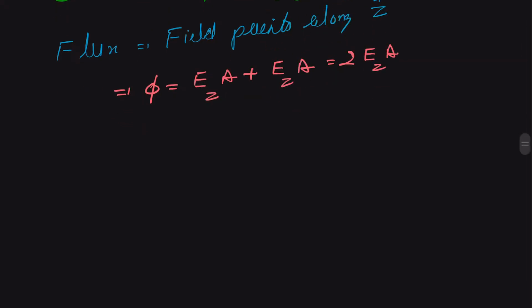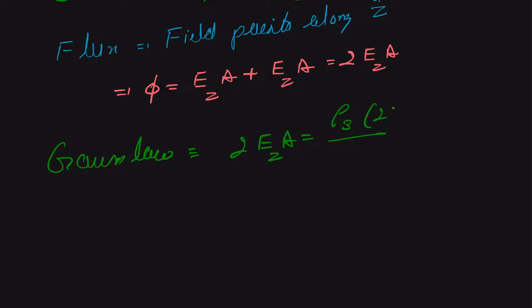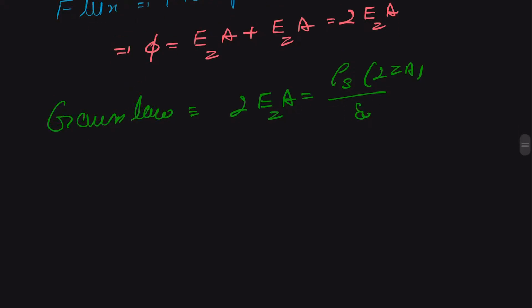Now we can easily use our Gauss law. We have our Gauss law, and this gives us 2 Ez times A will be equal to the charge enclosed, ρ3 times 2zA, upon epsilon naught, and our 2A cancels out.